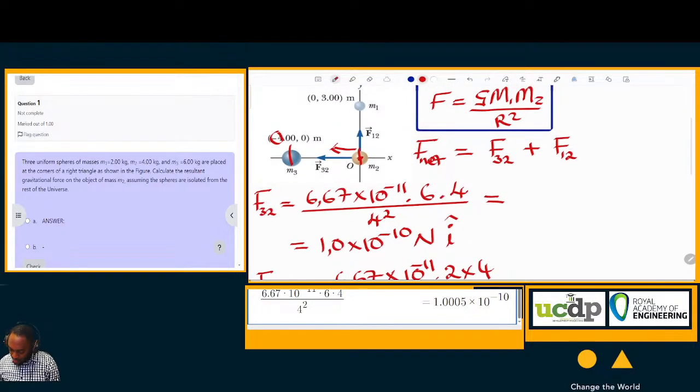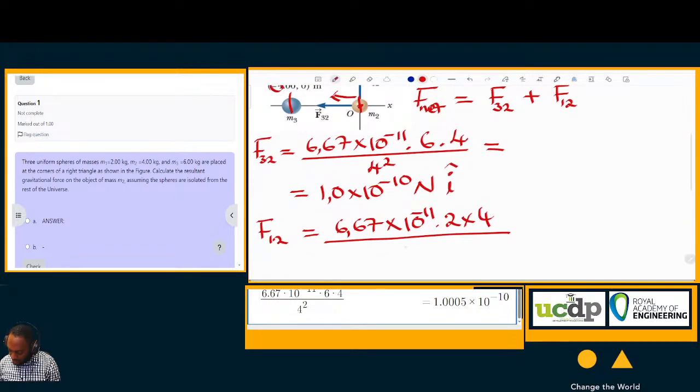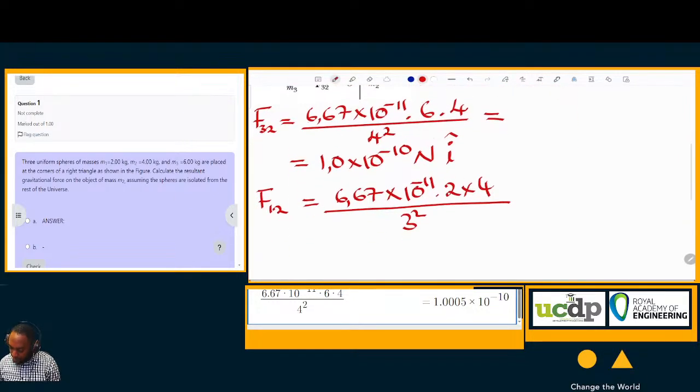You can check the distance of separation there, it's 3. The coordinate there of M1 is 0, 3. So that's 3 meters separating, so that's 3 squared. Now you can punch this in. Instead of 6 there, now we have got 2, and instead of 4 there, we have got 3.